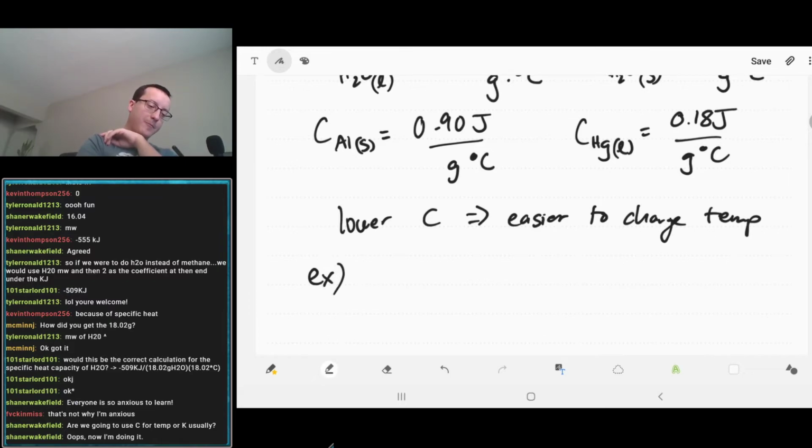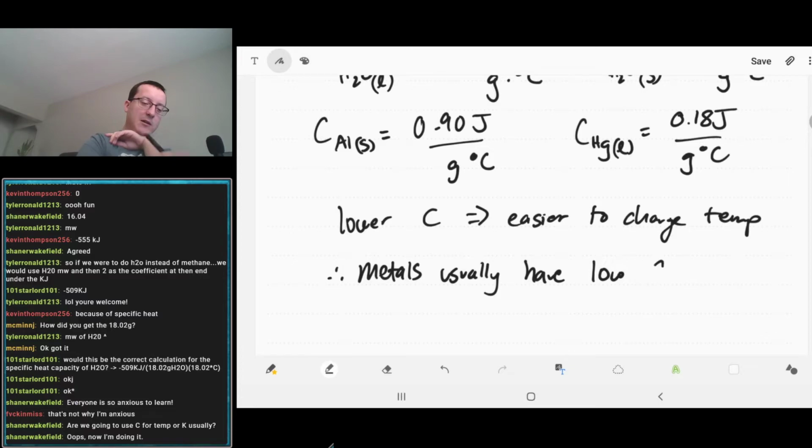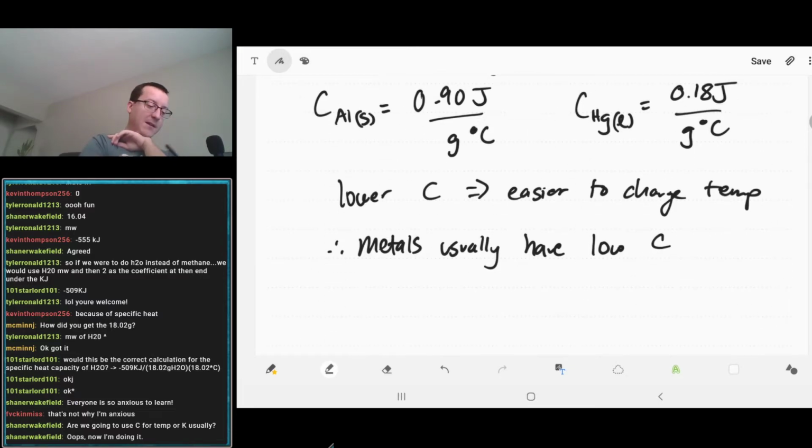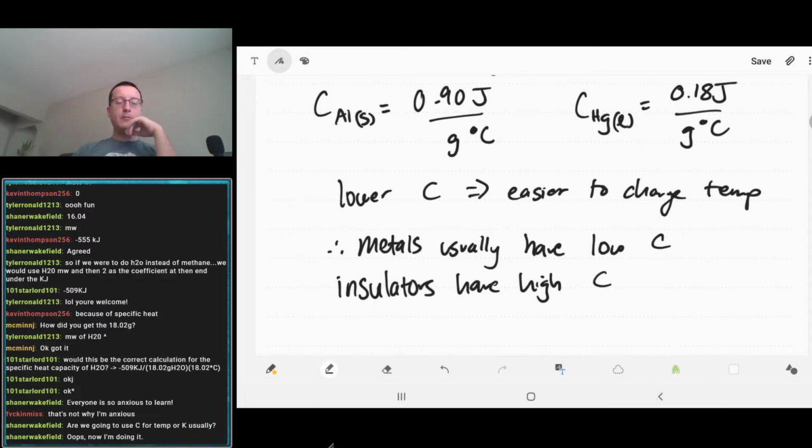So, we're going to see that, for example, as a result, metals usually have low specific heat capacities, and things that are insulators typically have higher ones.